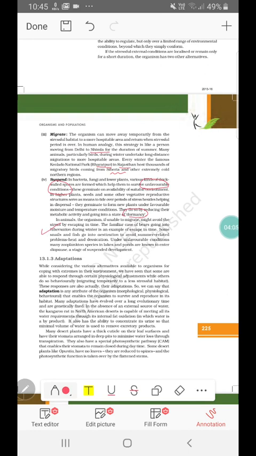Then snails and fish, they go into aestivation, means to avoid summer related problems, in summers they hide. And then comes diapause. Diapause is a stage of suspended development where basically many zooplankton just stop their growth for some time. And then when favorable conditions return, they will start growing.